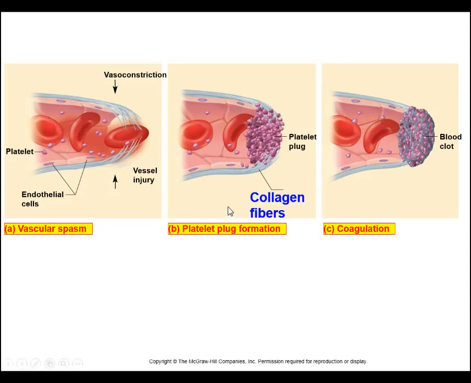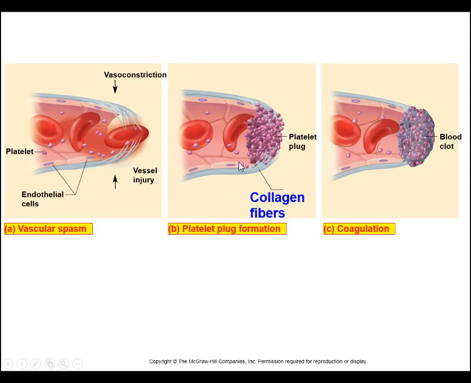Now, platelet plug formation would be, we would progress to this from vascular spasm, or in addition to vascular spasm. The exposure of the collagen fibers sets off the platelet plug activity. In response to that, they will secrete the procoagulants.